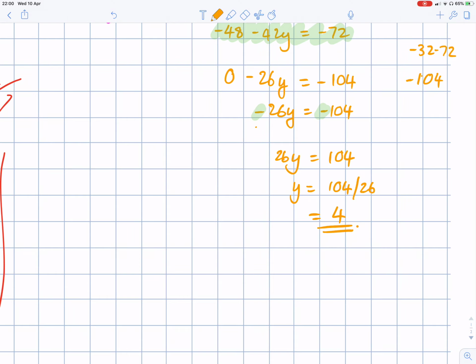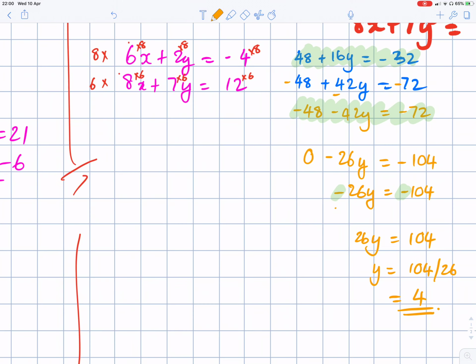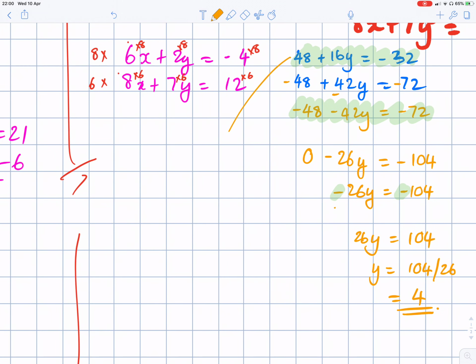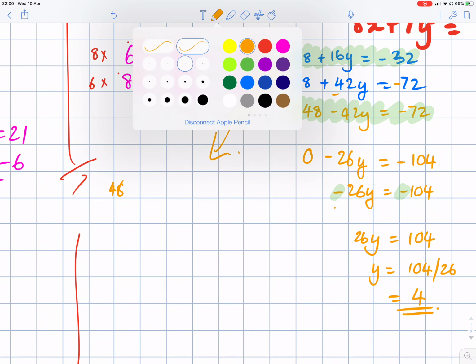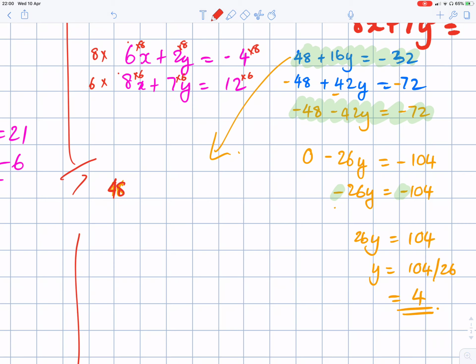So when we take the value of y, which is 4, we can place it even in the top equation. So 48, let's change the color. 48x plus 16 times 4 equals minus 32.